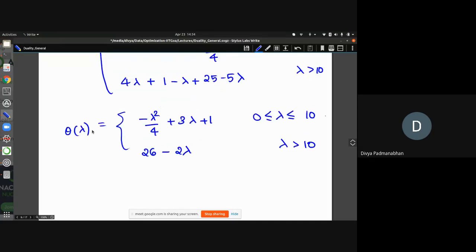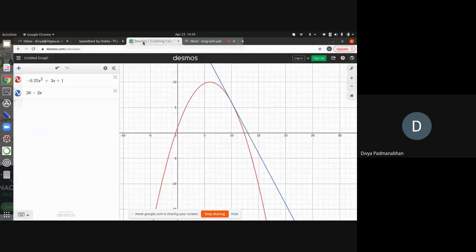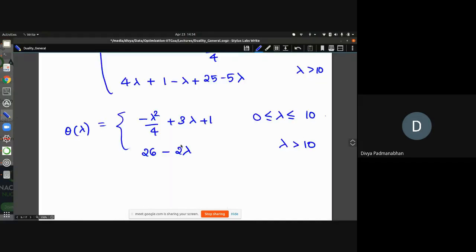And you see that it's again a one-dimensional function. What you need to do is maximize theta of lambda over lambda greater than or equal to 0, in this range. I've just plotted it here for simplicity, so you can solve this graphically. The first part, in red, is the quadratic function, till lambda is 10.